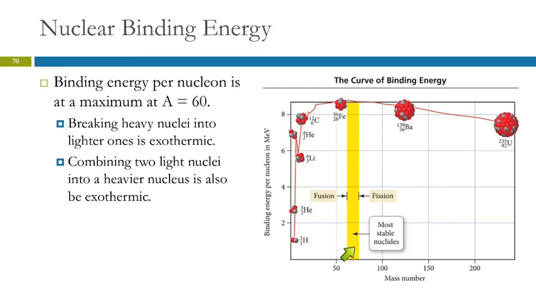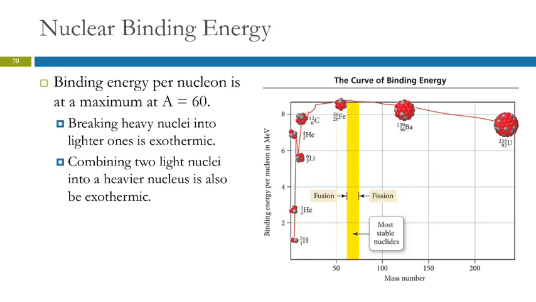So this yellow band here, those are the most stable nuclei. So the maximum there is at 60. And what we've got indicated here is that the smaller nuclei will undergo fusion to make more stable nuclei, and the larger ones will undergo fission, splitting, to make more stable nuclei.